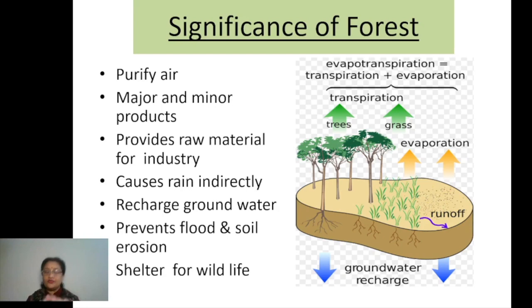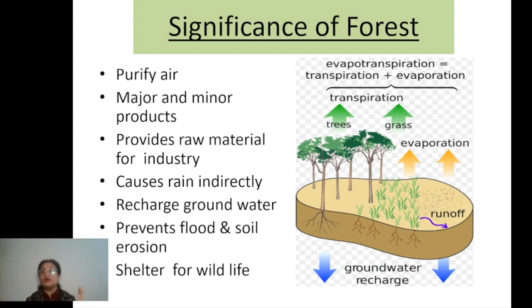So overall, children, all these functions can be categorized into certain headings, right? Number one is productive function. That means when the forests provide various products, or the raw materials for various industries, that is coming under this category, productive function.